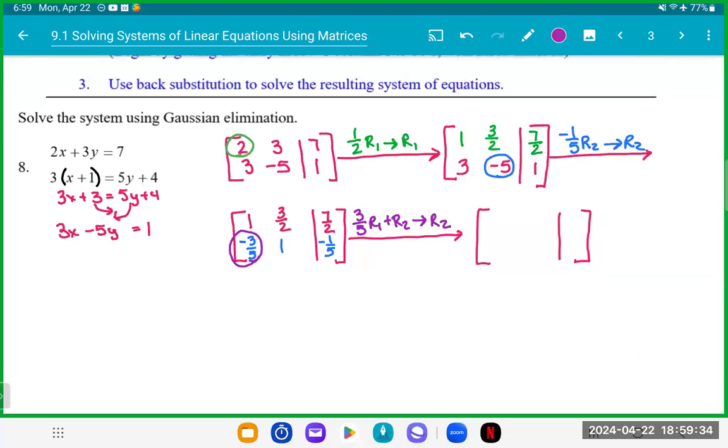When we do this, we have 3/5 times row 1 plus row 2 equals positive 3/5 minus 3/5. That gives us our 0. I'm going to go ahead and write row 1, 3/2, 7/2.